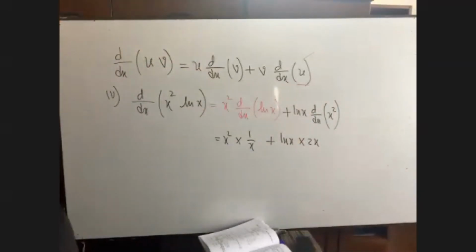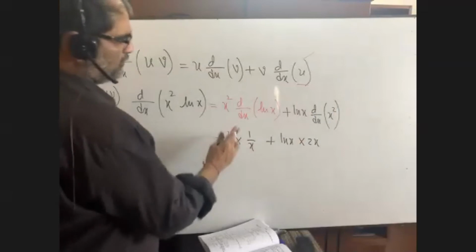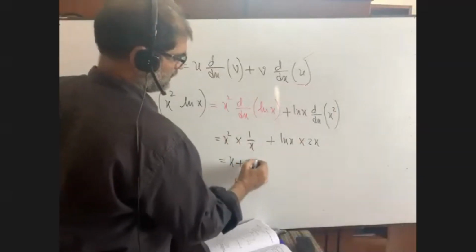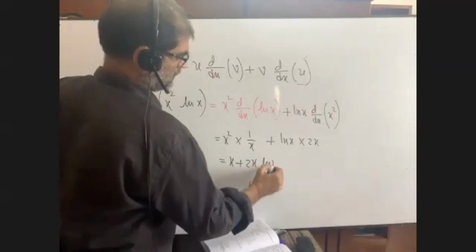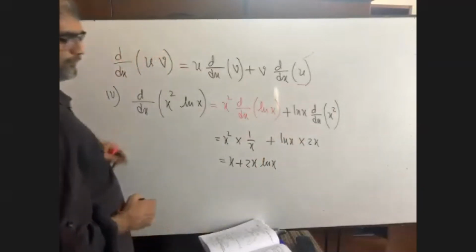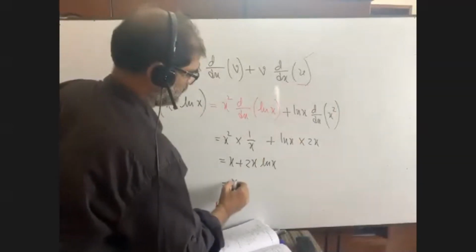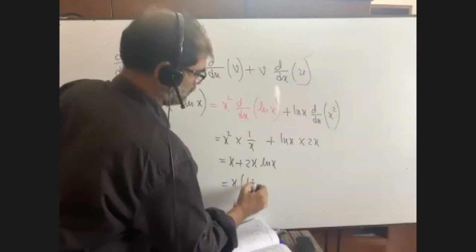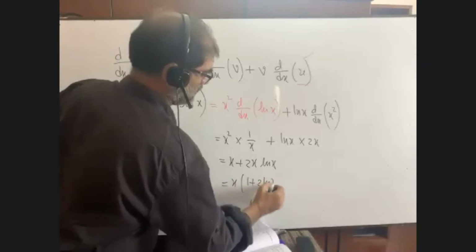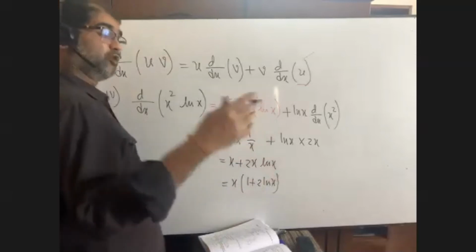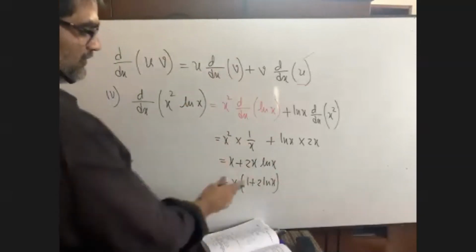That means x's will be omitted. x plus 2x ln x. Okay. Now x can be taken common. x into 1 plus 2 ln x. Or we can do 1 plus ln x whole square. But it is done.